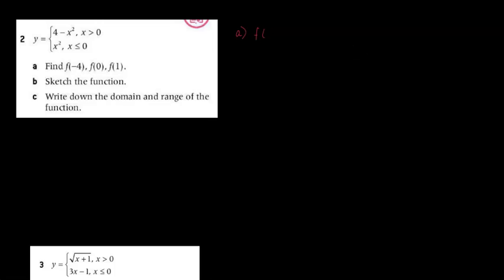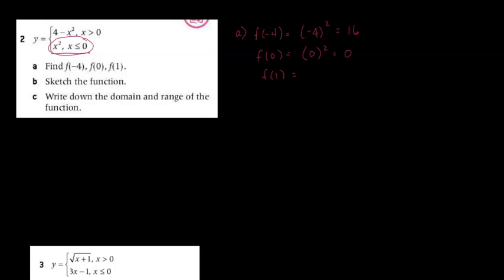Okay, so we have f of -4, and -4 right here is less than or equal to 0. So we're going to use that function, -4 squared. So the output of that is going to be 16. F of 0, once again, we're going to use this because x is less than or equal to 0. So we put 0 squared in, which gives us 0.